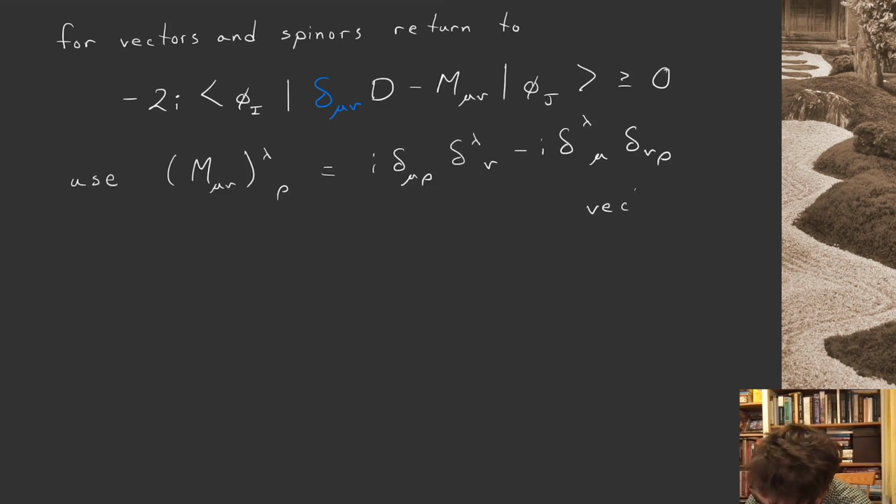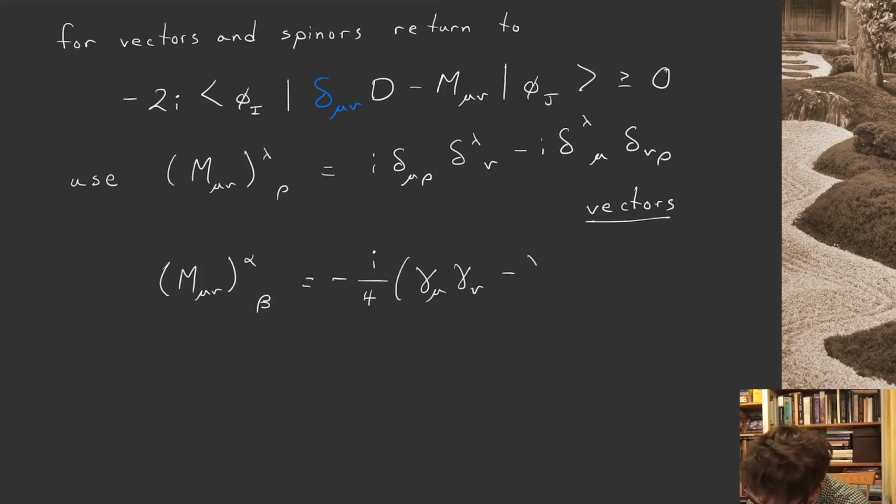This was for vectors. And then we also had a result for spinors. So we have a spinor index, alpha, and another spinor index, beta. We can write that as minus i over 4 gamma mu, gamma nu, minus gamma nu, gamma mu. We have these gamma matrices in the exercise, and these have these indices alpha, beta. So this was for spinors.